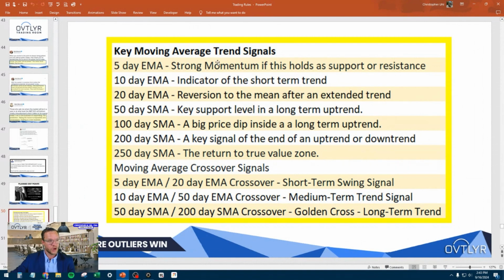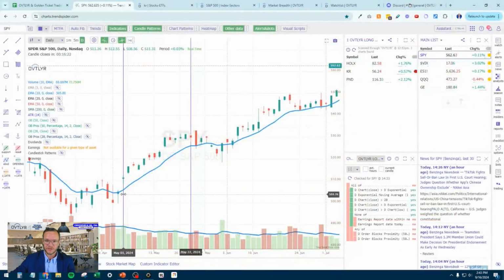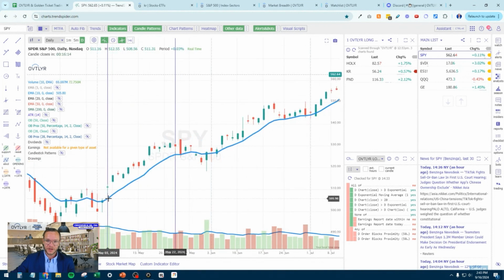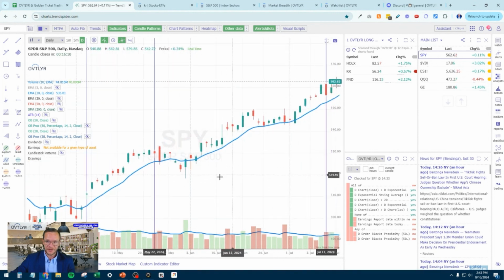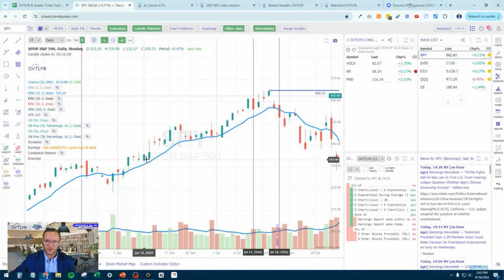Where this is strong momentum, super strong on the 5-day, the 10-day is a short-term trend. If you're moving above the 10-day, that means the short-term trend is up. If it's below the 10-day, it means the short-term trend is down. But then you can go for potentially days or weeks in a strong trend with nothing happening, right? While this one here was flirting with the 5-period so much, it wasn't even messing with the 10-period for all that time.